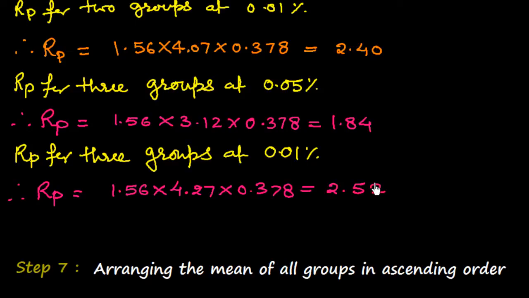So we have got the RPs for two and three groups at different significance levels, 1% and 5%.